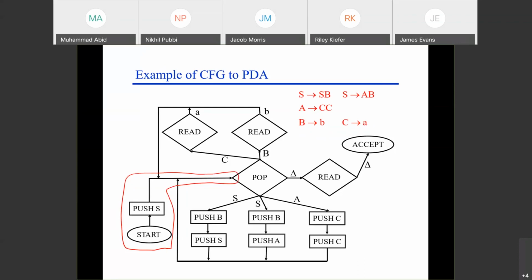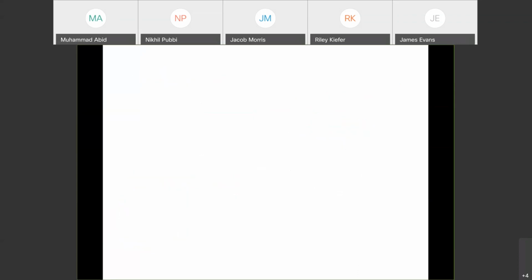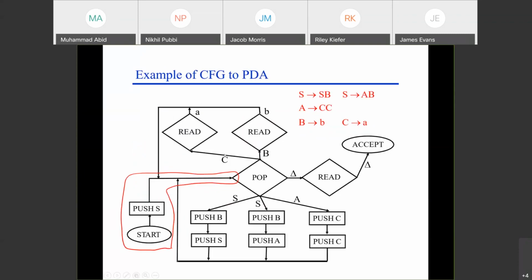So whenever you start, you do this push S. This is a fixed design, you always do that push S, and it should go here to one pop. This is a fixed design. You always start with this. Okay, so look at this one.